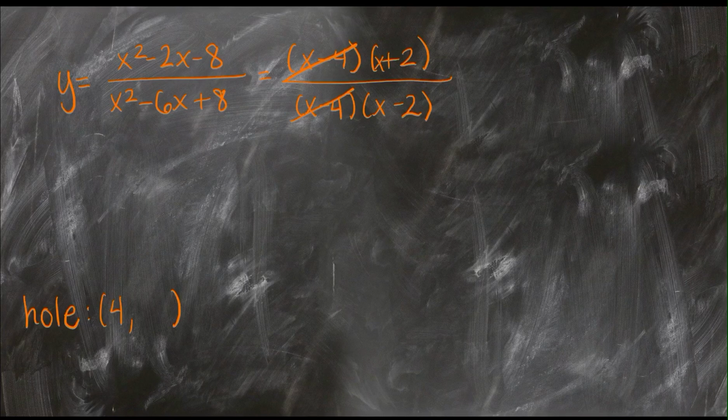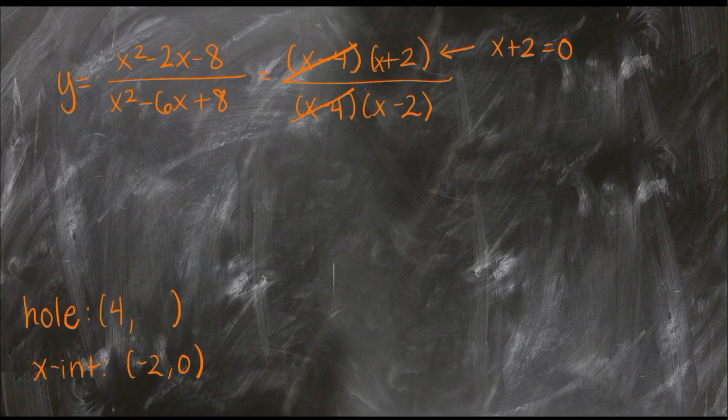So a factor that doesn't cancel is not going to tell us an x-intercept. We have to look at the other one. Where does x plus 2 equal 0? Well, at -2. So my x-intercept is at -2, 0.